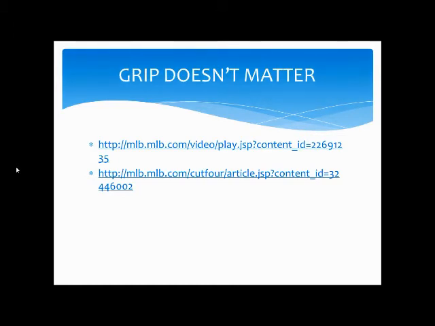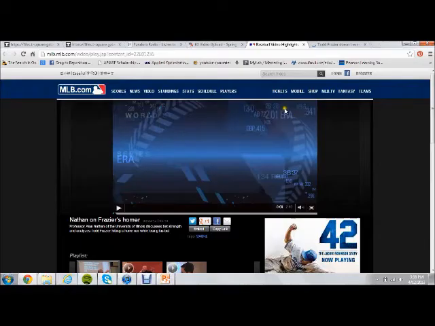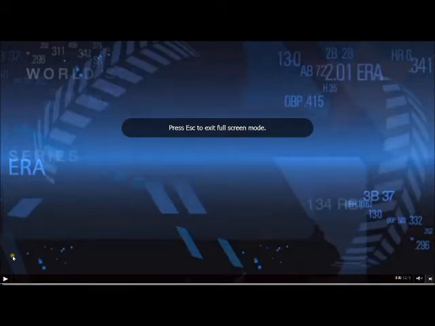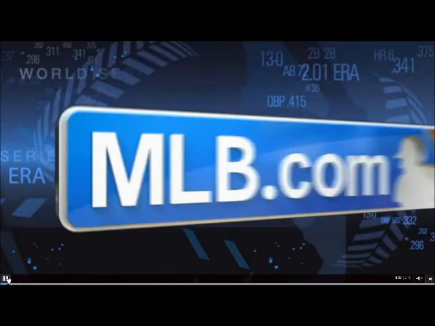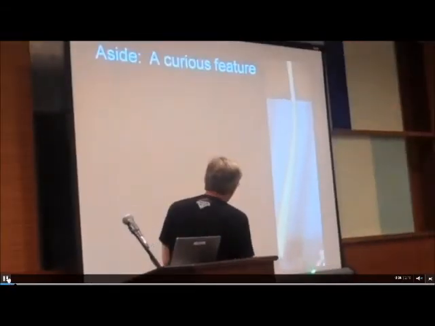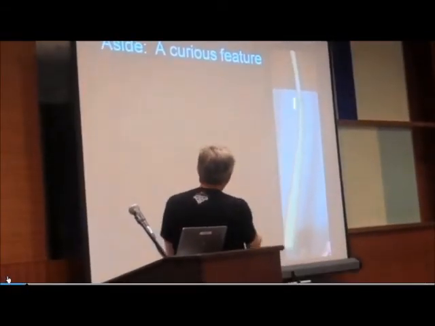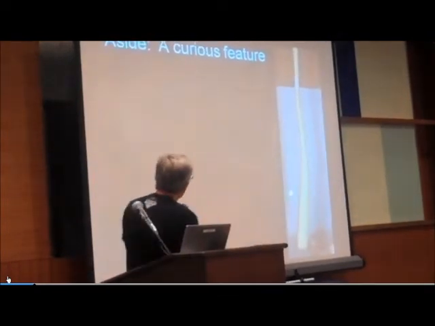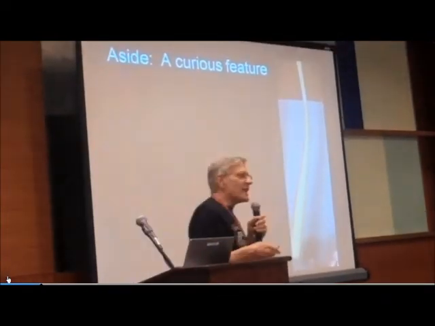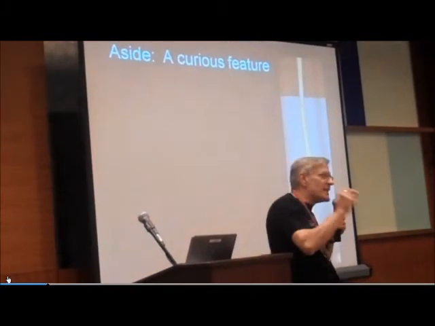Grip doesn't matter in baseball, and here are some videos of examples why. As you can see in one of his lectures, he shows a great video explaining why. Watch the bat. If the collision starts at the bottom of the bat, the bat vibrates, but the top does not move.